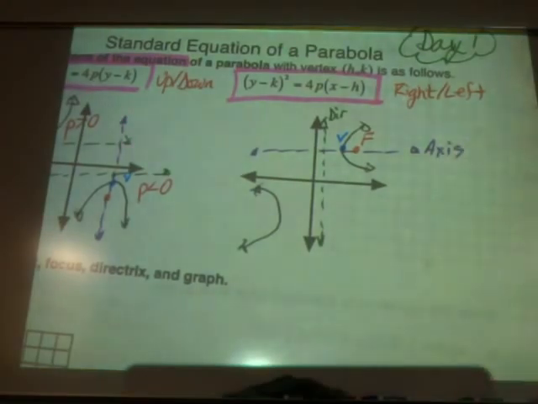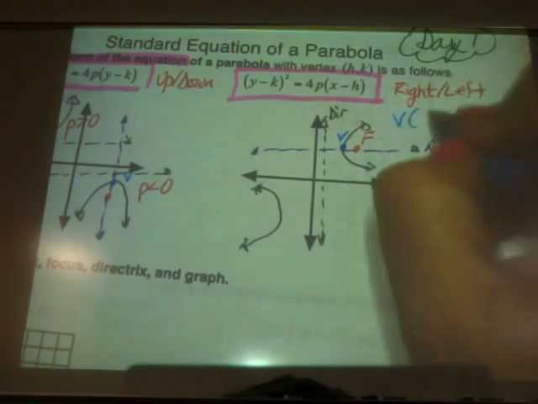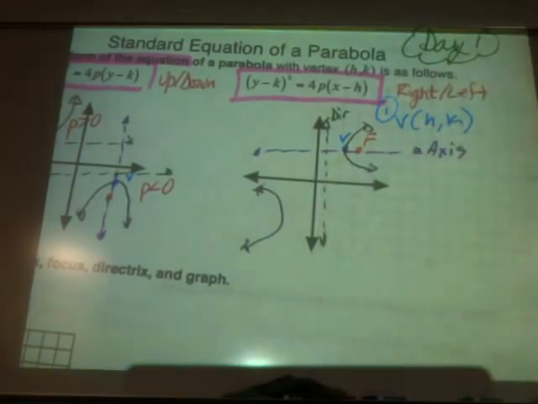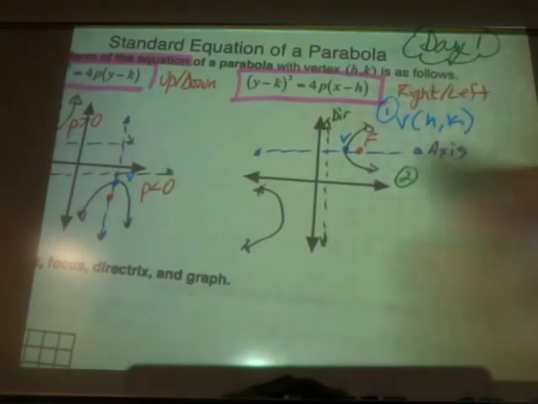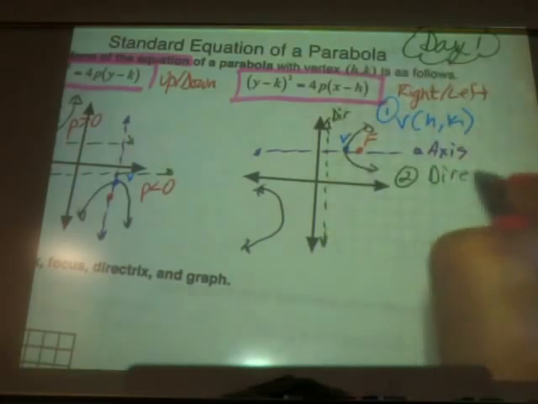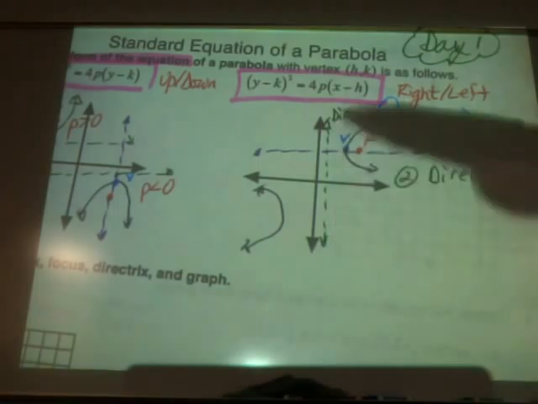So how does that change our formulas? So my vertex is still (h, k). That hasn't changed. But then, to get my directrix, what axis is the directrix going through? The x-axis.